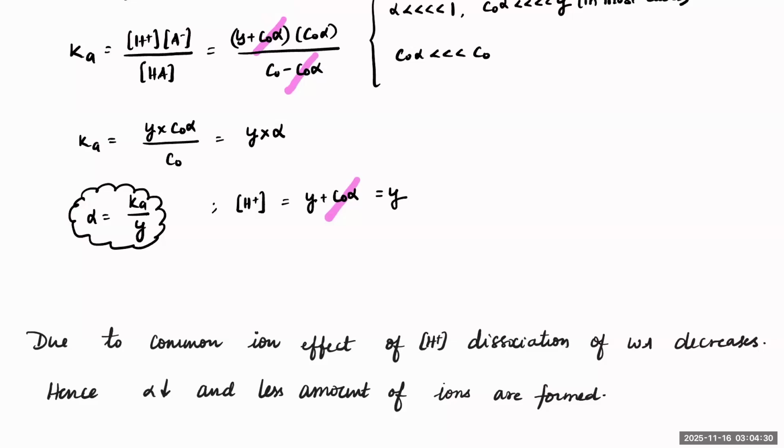Unless the HCl addition is extremely poor in concentration, we cannot ignore these two terms. But otherwise, like I said, in most cases you can always ignore C naught alpha and accordingly calculate the H plus concentration. Okay. So I have written that here.